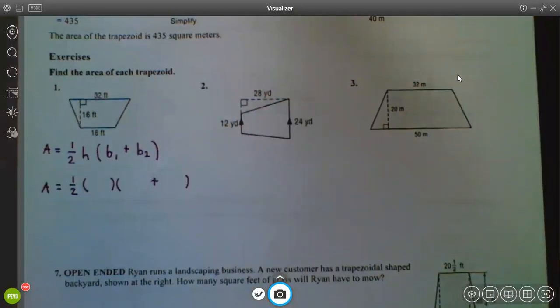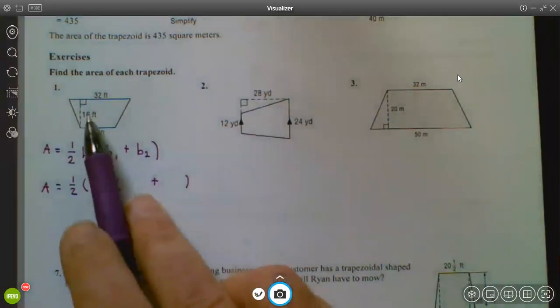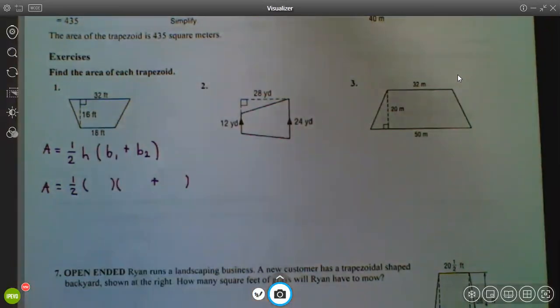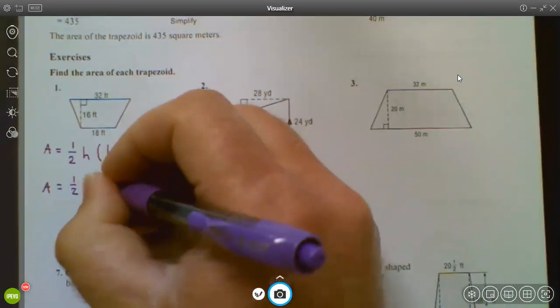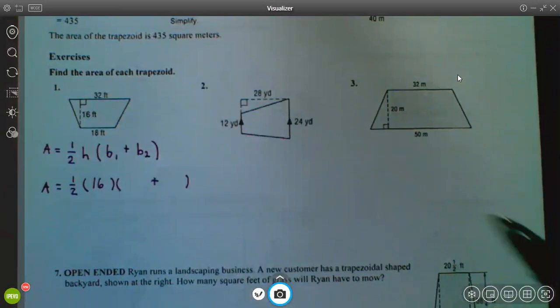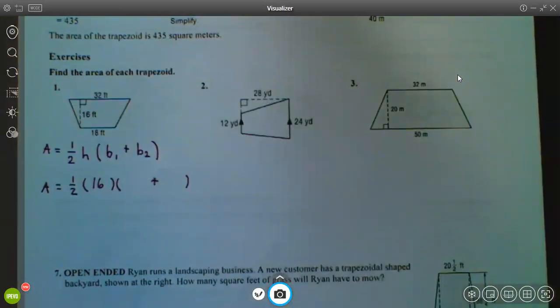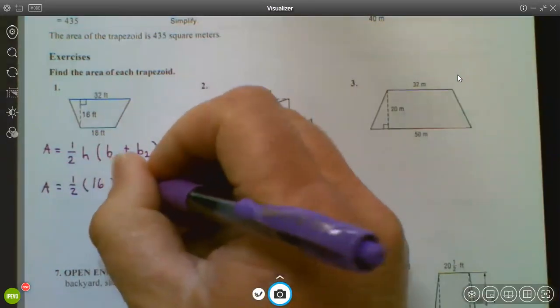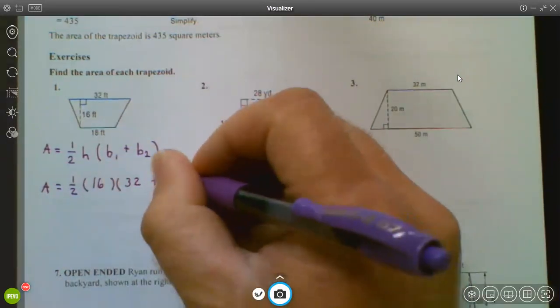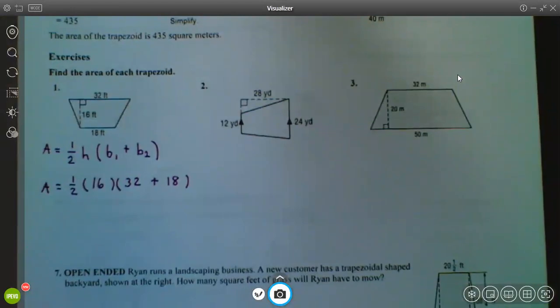So here's our substitution line. The height we can see in the middle is 16. And the bases, which are the parallel lines, would be the 32 and the 18. And then the third line is simply the answer.